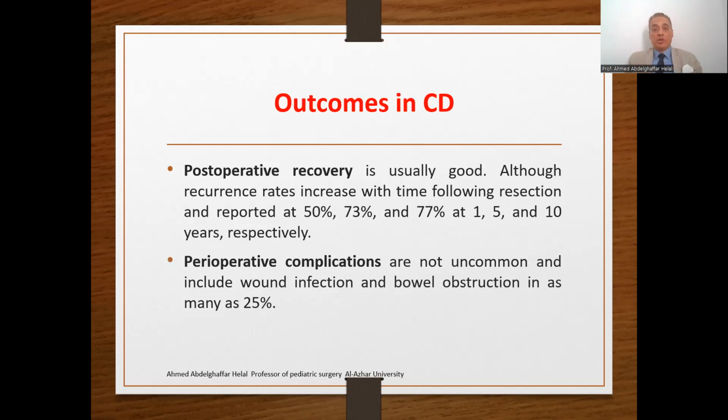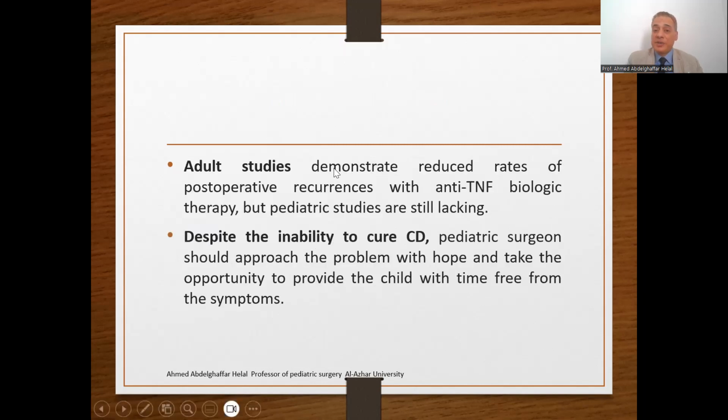The outcome after surgery in Crohn's: post-operative recovery is usually good. The recurrence rate increases with time following resection, reported to be 50%, 73%, and 77% at 1, 5, and 10 years. Postoperative complications are not uncommon and include wound infection and bowel obstruction, in as many as 25% of cases. Adult series demonstrate a reduced rate of post-operative recurrence with anti-TNF biological drugs, but pediatric studies are still lacking.